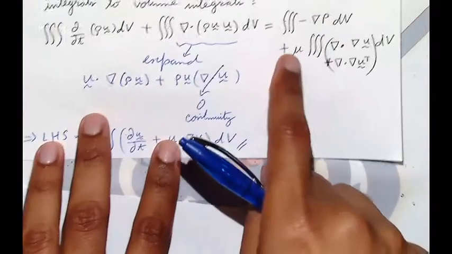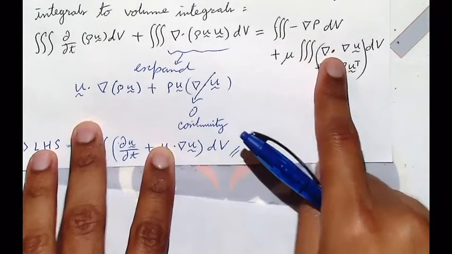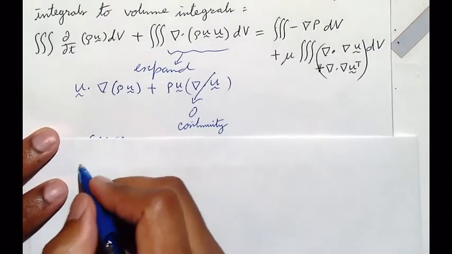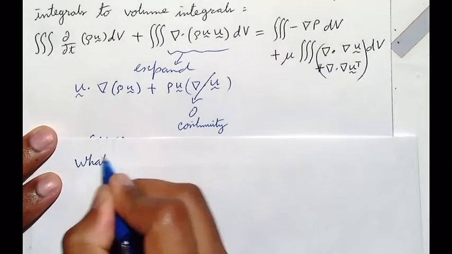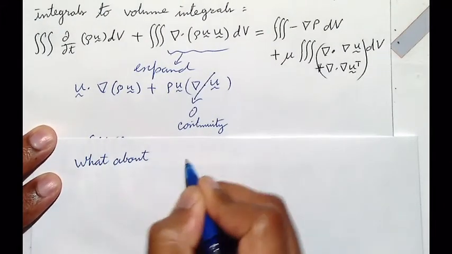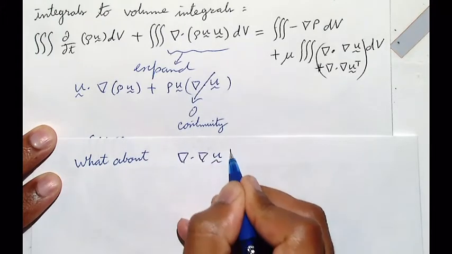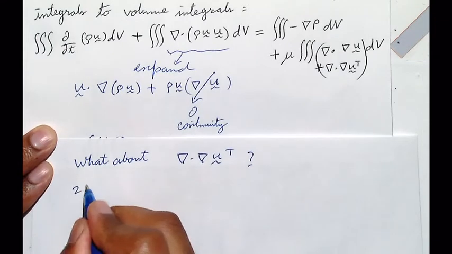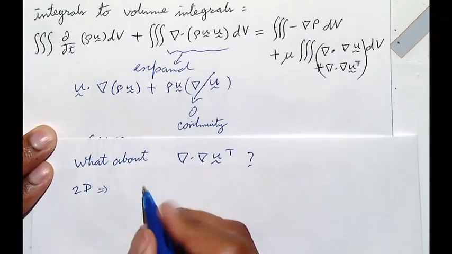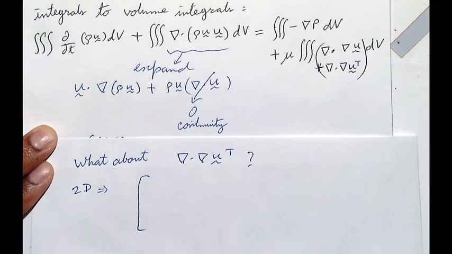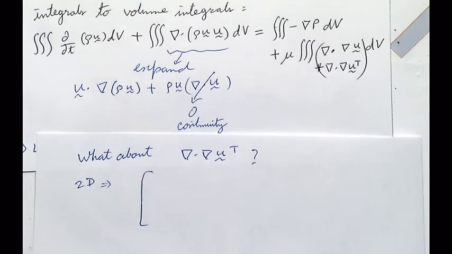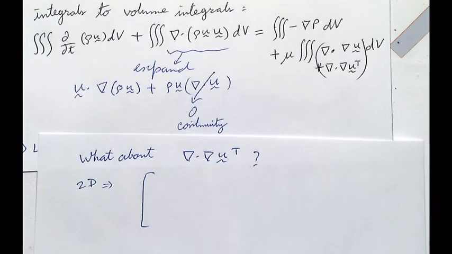Okay, so let's look at these two. Let's look at the interesting one, which is nabla dot nabla u transpose. Okay, so let's stick with 2D. 2D means what do we do? How do I write this term in 2D?